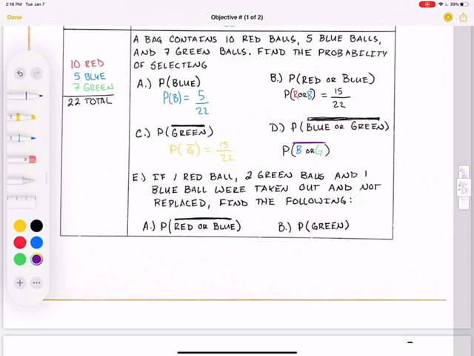Things that are not blue or green would be red. The probability that you would find something not blue or green or red is 10 out of 22, which you can reduce to 5 out of 11.